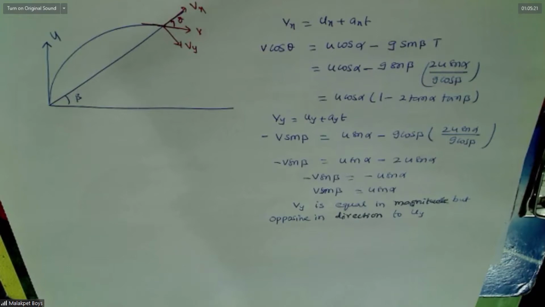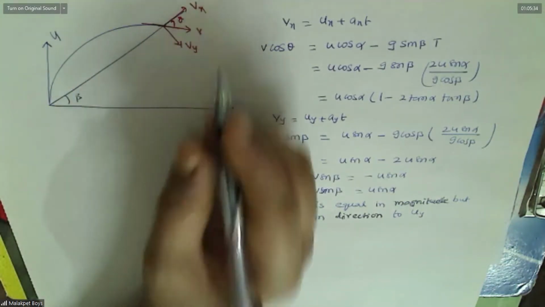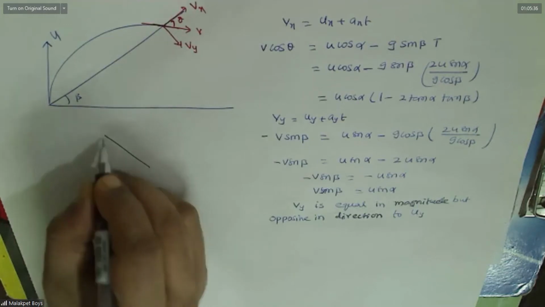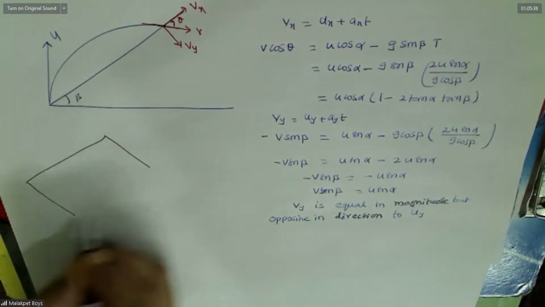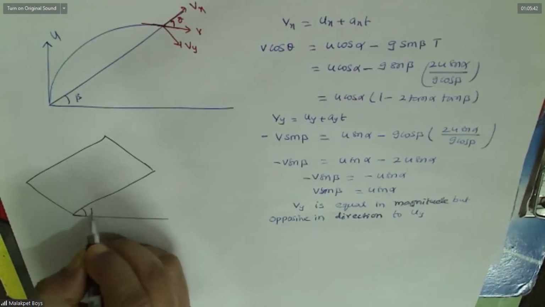Sir, I have a doubt. Tell. Sir, why are we taking the landing point on x-axis? Where it will land on the inclined plane only. Where it will land, man? You are projecting something. See, this is the inclined plane. This is beta.